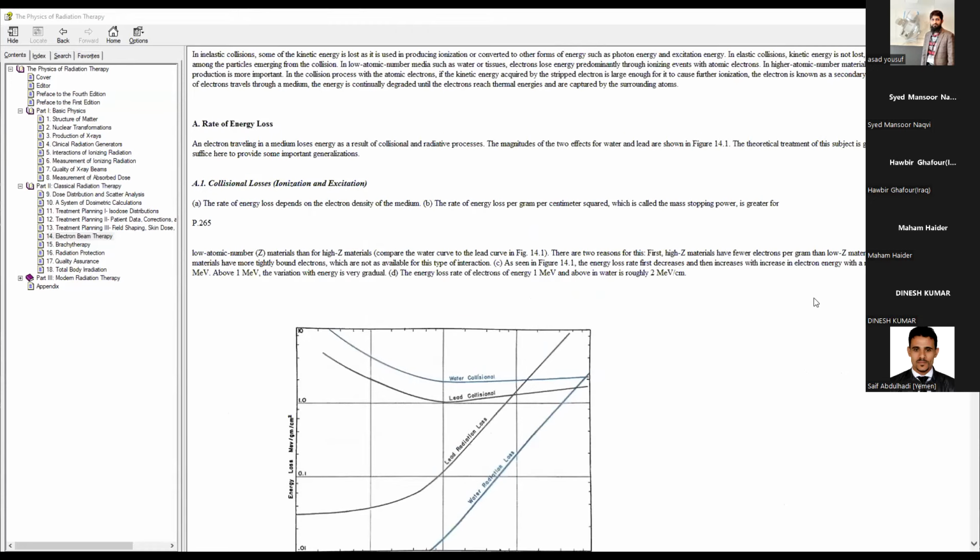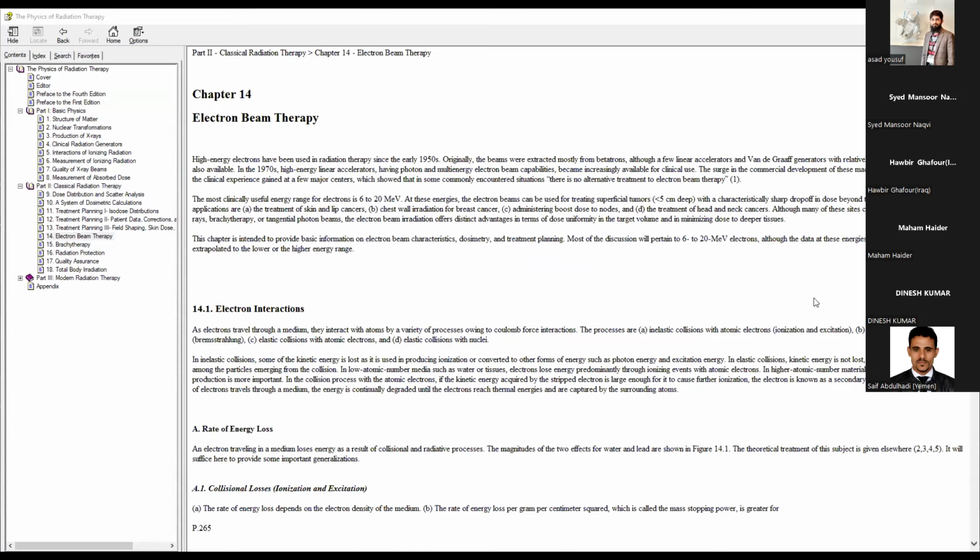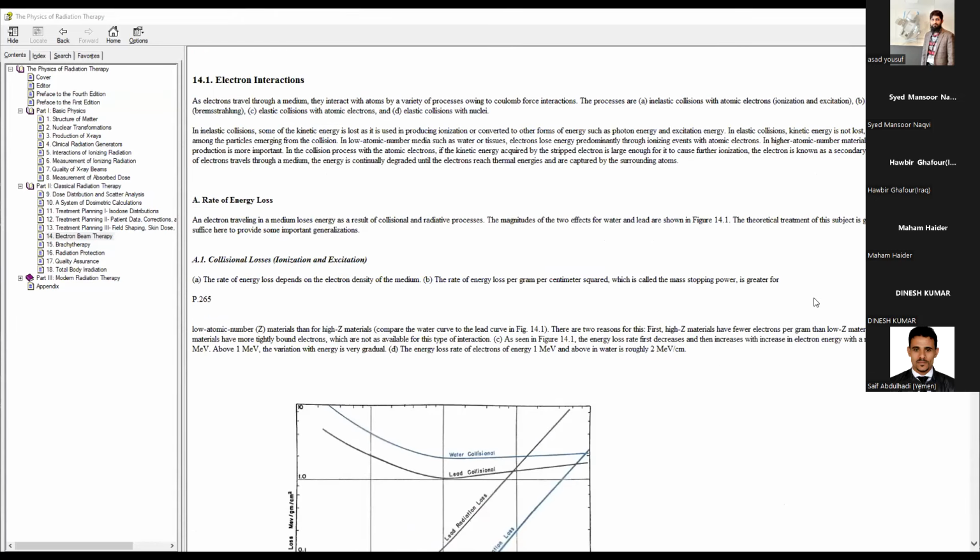I think it's different a little bit, because some books say that it is sometimes called linear energy transfer, it means stopping power, the same concept. Okay, I have to check this thing again. I'm not in a position to answer right now.